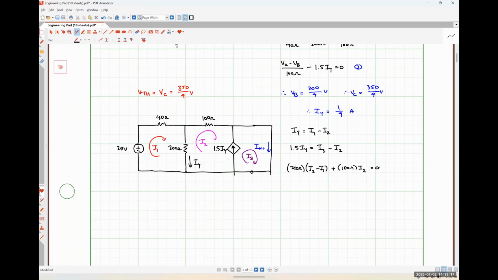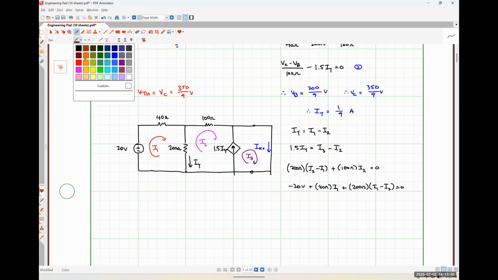Around mesh 1, we're going to have negative 20 volts plus 40 ohms I1 plus 200 ohms times I1 minus I2 is equal to 0. And I'm going to substitute I1 minus I2 in for IY. So I'm just taking this and plugging it in here.